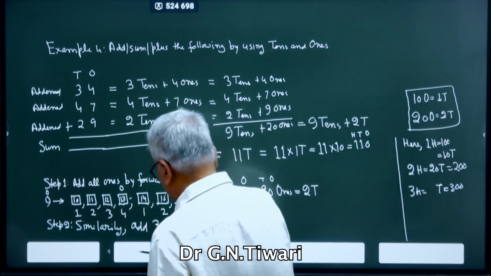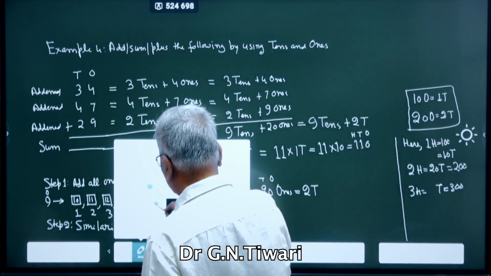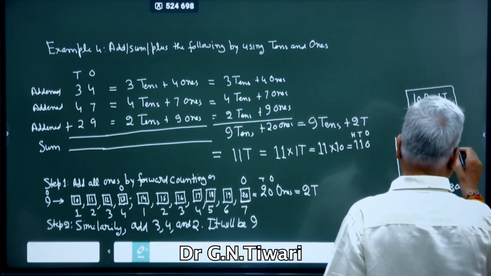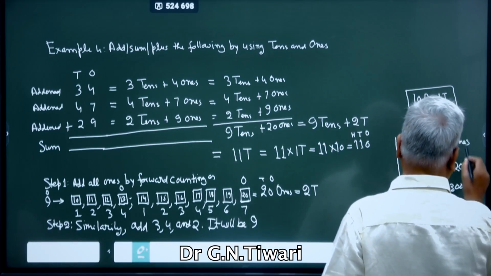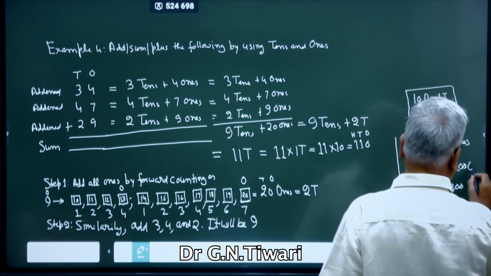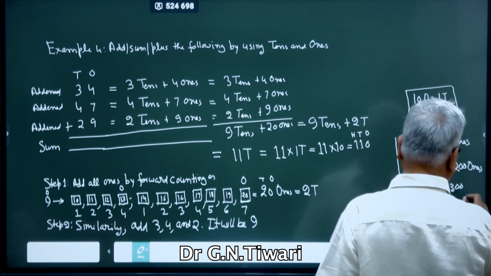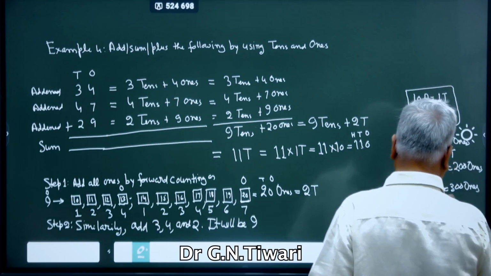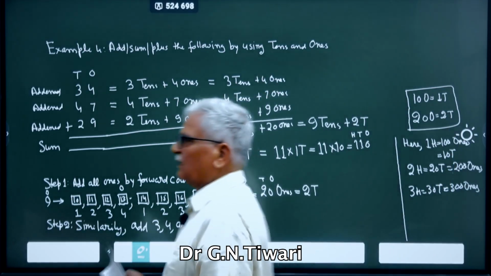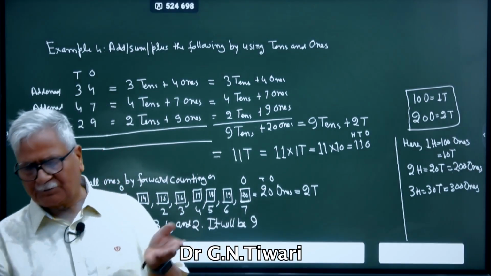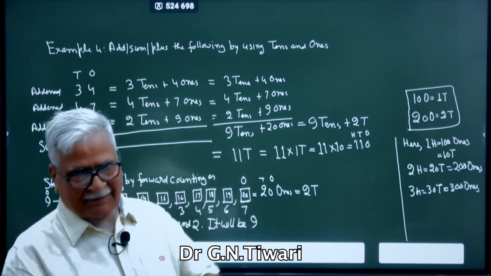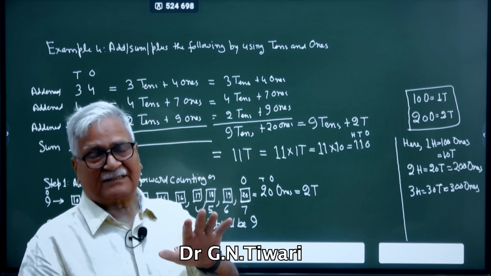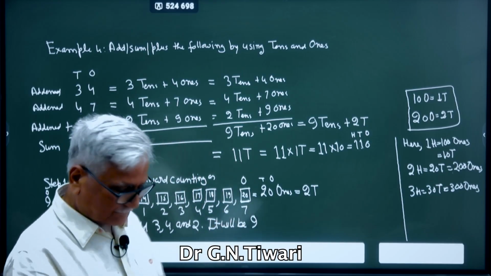So I am rewriting. This is 100 ones. It is 200 ones. 300 ones. Yes, 30 tens. These conversions should be remembered. I have already told you previously also, and again I am telling you: hundreds means 3 digits, tens means 2 digits, and ones means 1 digit.